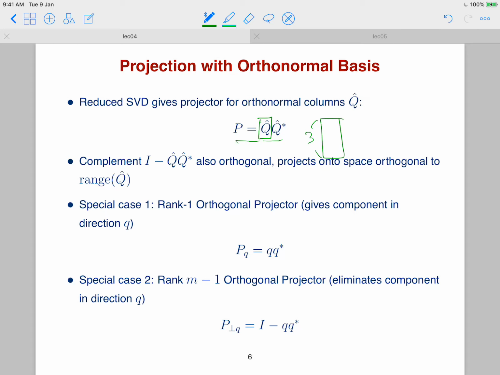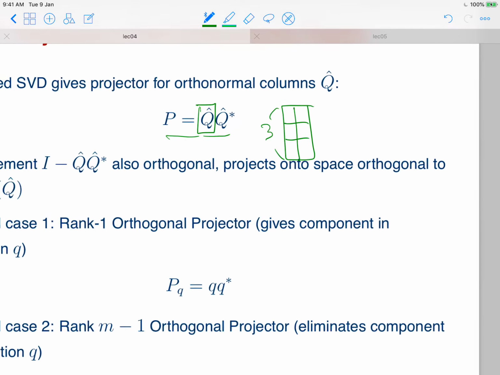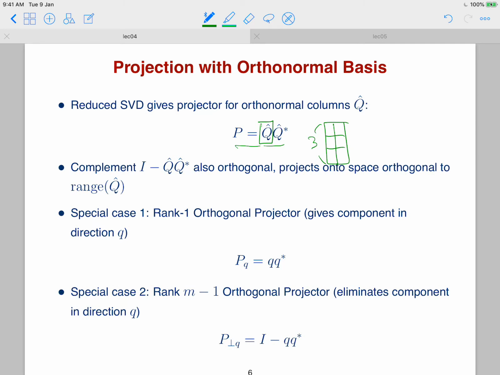In three-dimensional space, let's consider only two vectors that have orthonormal columns. In this case, it can be represented as QQ transpose, right?